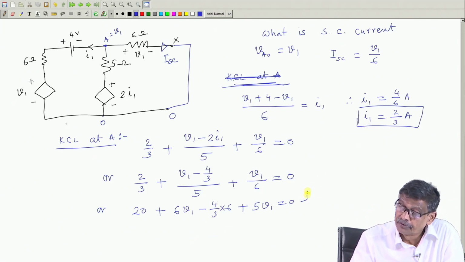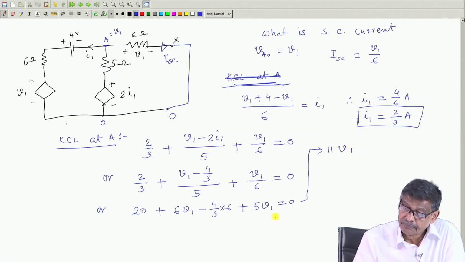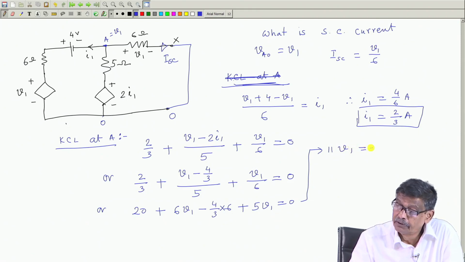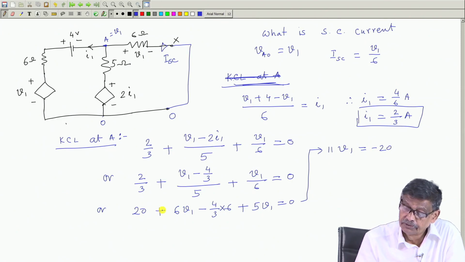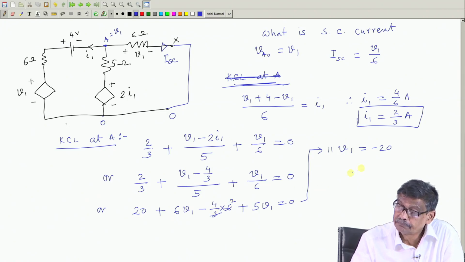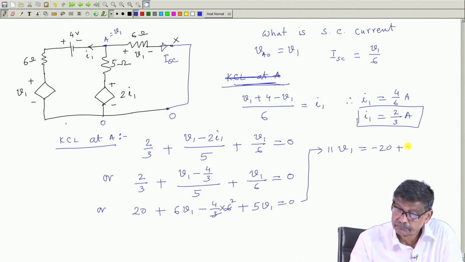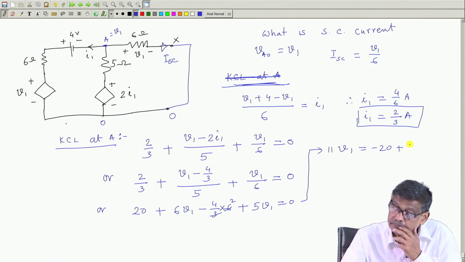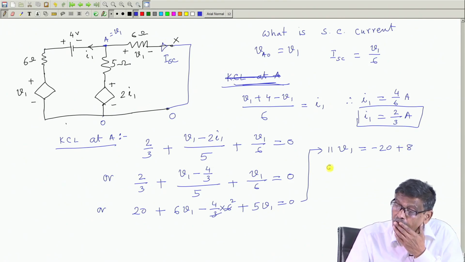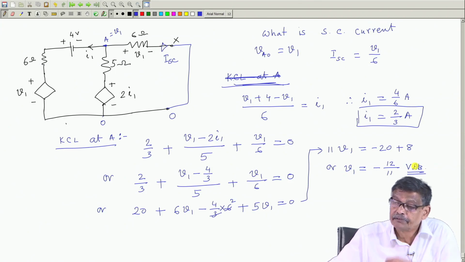So, you get from this that 11V1 will be equal to minus 20, you bring it to this side, and this is plus 8. Or V1 is equal to minus 12 by 11 volts.